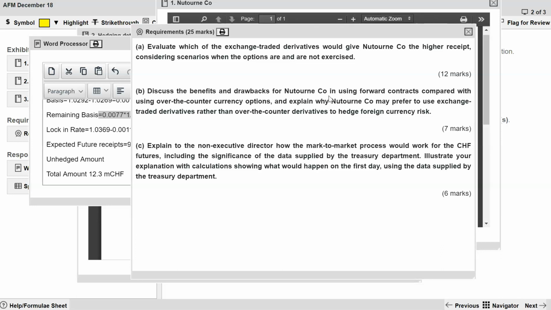Okay, what about the third part? Explain to the non-executive director how the mark-to-market process would work. So you will have to explain the mark-to-market process. You will explain the initial margin which you have to deposit whenever you want to enter into a futures contract. Then you will have to explain the maintenance margin, which is the minimum amount that should be there even if you are facing losses.